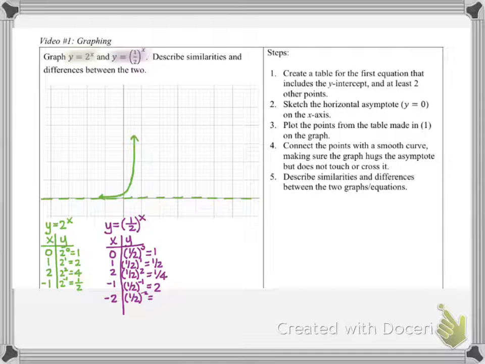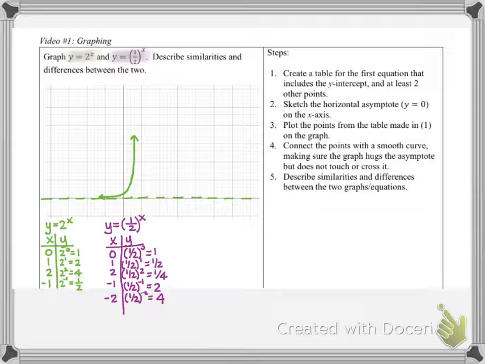I'm going to go up to the positive 2 guy here, and look at that answer of 1/4. So I'm going to take that and just flip it over. So there's my 4.